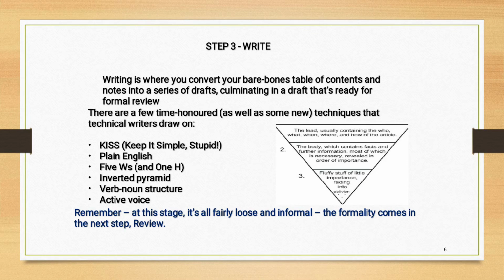Next is the 5 W's and 1 H. Now, if you're someone who needs to create content in order to connect with your audience, then you may find it difficult to produce quality material on a consistent basis. If that's your situation, then this well-known writer's technique will be able to help you, which is the 5 W's and H. 5 W's and H refers to 6 questions that you may ask while preparing a technical document.